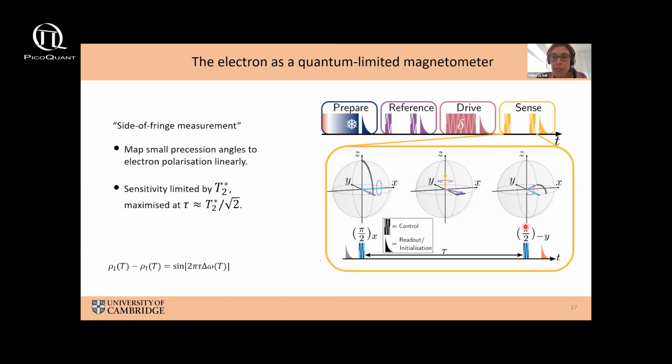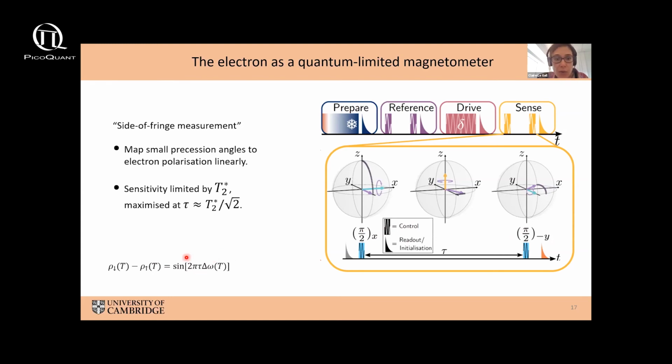And the advantage of this sequence is that at the end of your readout, the spin population difference of the electron readout will be evolving linearly in delta omega. I'm saying linearly because, obviously, delta omega is very small.